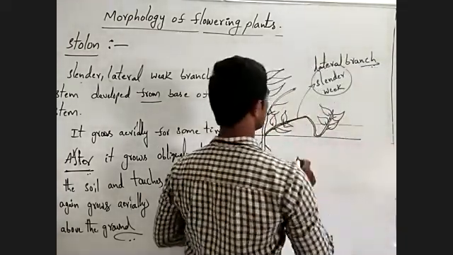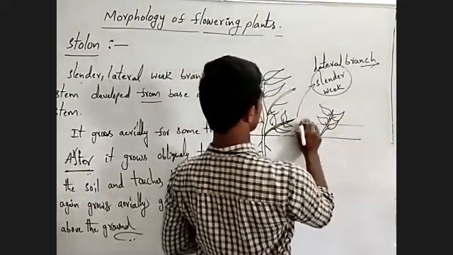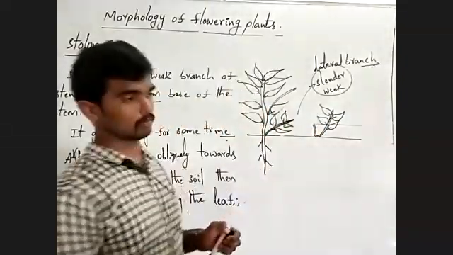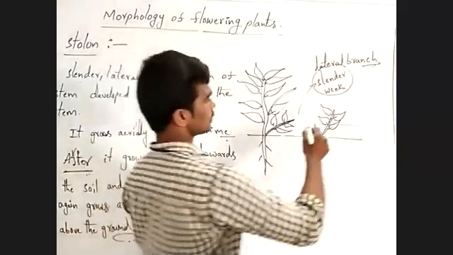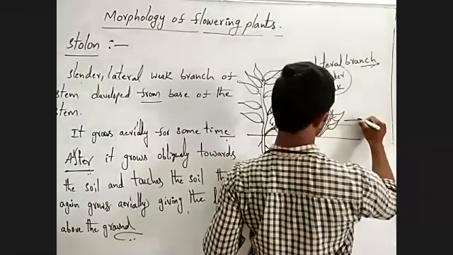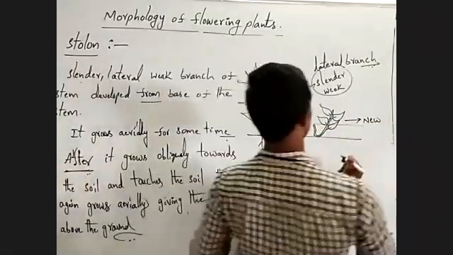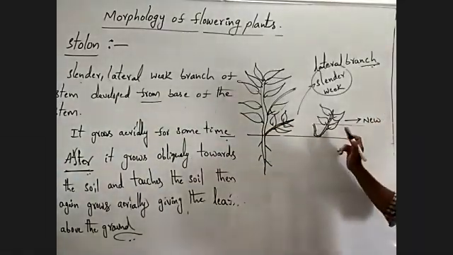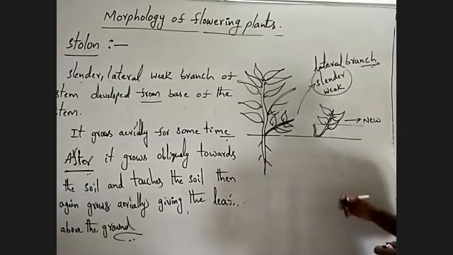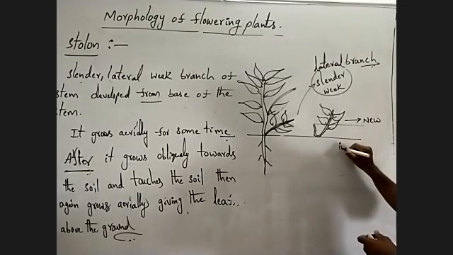Whenever it is separated or broken down, then this new plant, or the small daughter plant, can grow as independent plant.